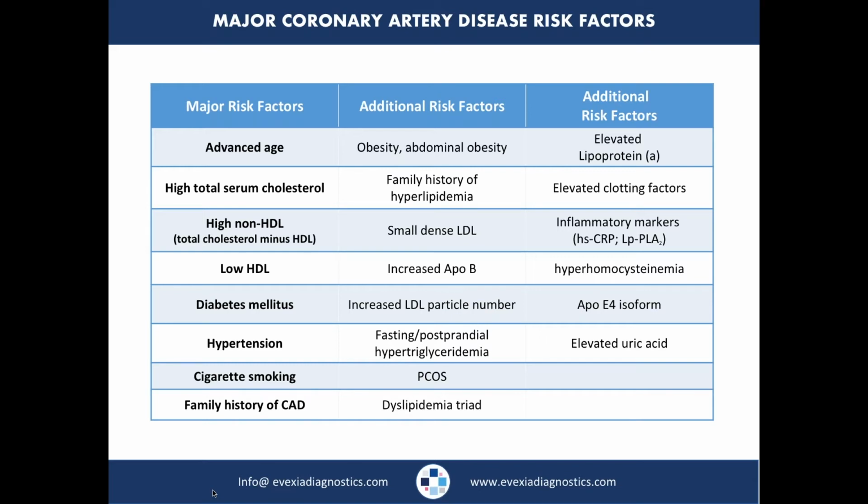Other risk factors that I'm sure you're aware of: obesity, and certainly central obesity, also known as abdominal obesity. If there's a family history of hyperlipidemia, small, dense, low-density lipoproteins. I'm going to be reviewing those because we're going to be looking at a test known as the NMR LipoProfile, so just be patient for that, please.